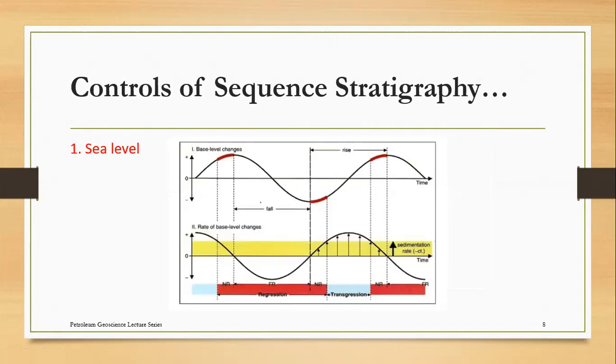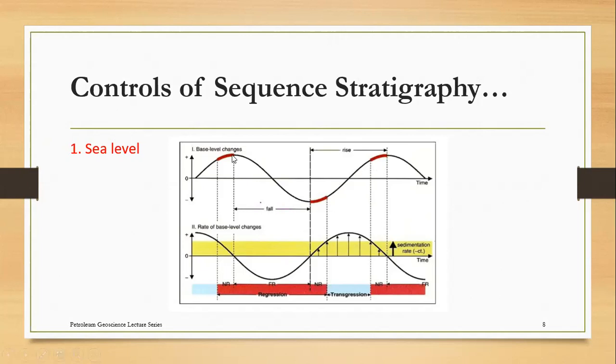Basically, the first one will be your sea level. Over time, as I explained before, the sea level will rise and fall. It's rising, it's falling, it's rising, it's falling. So if you now plot the graph of the eustatic cycle over time, you see a sine-form kind of movement, right? If I divide this, for instance, if I call this line a division line, it means that here will be the falling limb, here will be the rising limb.